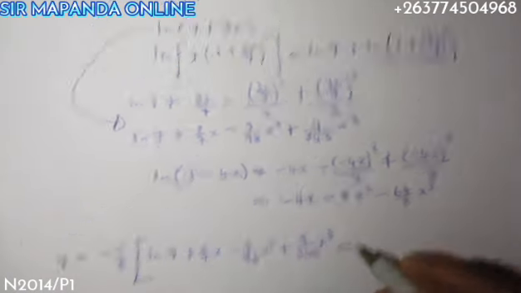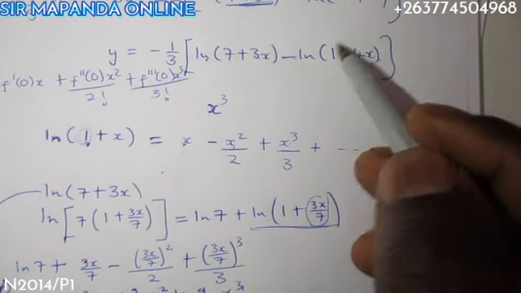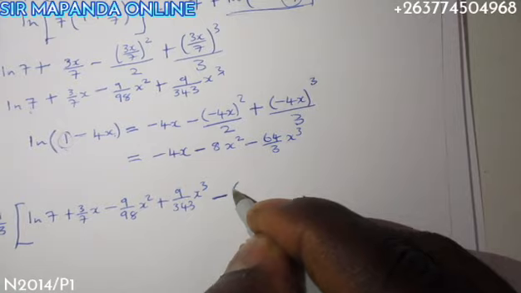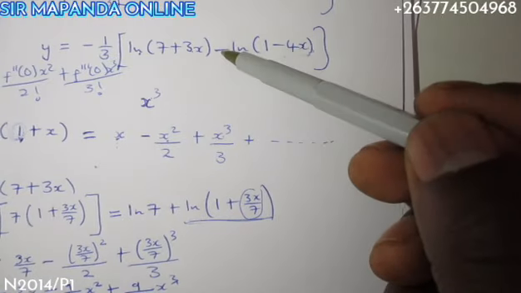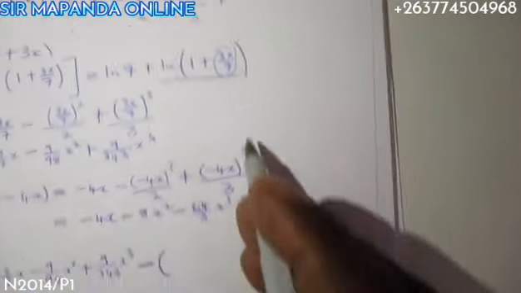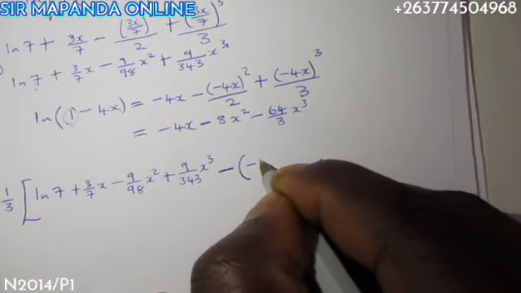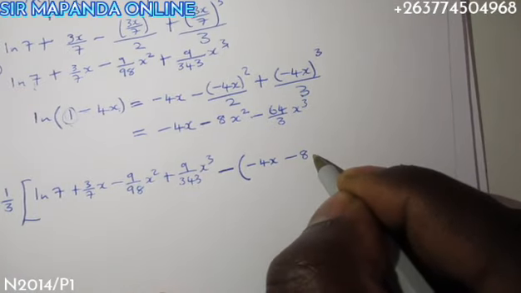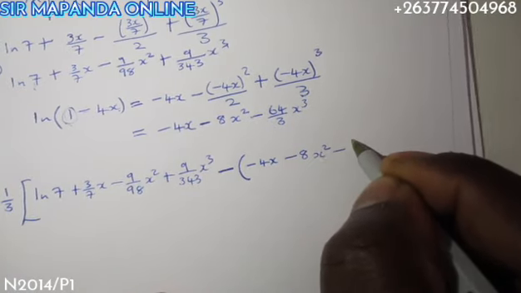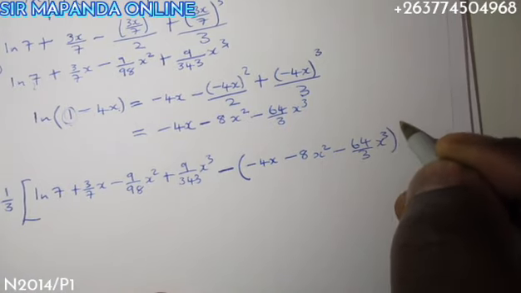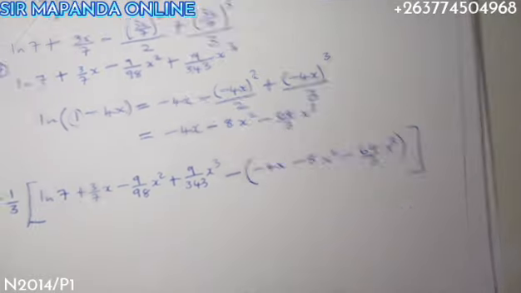Then you put the negative sign here. For you to substitute ln of 1 minus 4x, you first of all put an open bracket, because this negative sign is going to multiply the terms of ln of 1 minus 4x. And these terms are minus 4x minus 8x squared minus 64 over 3 x cubed. Then you put your big bracket.